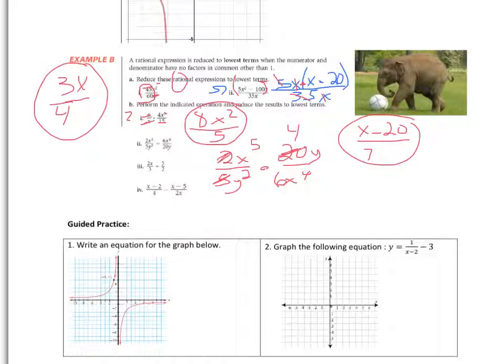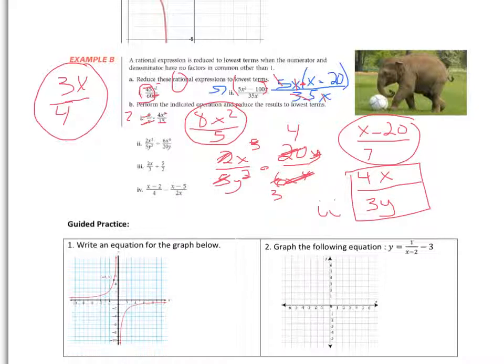I can cancel out a 2, and on the bottom I get a 3. So I have a fraction with 4 on top and 3 on bottom. And then if I look at the y's, I cancel out a y from the top and a y from the bottom. That means I have a y left on bottom. If I cancel out 4 x's on bottom and cancel that out from x, then I just have an x on top. So my answer is 4x over 3y. And that's letter II.